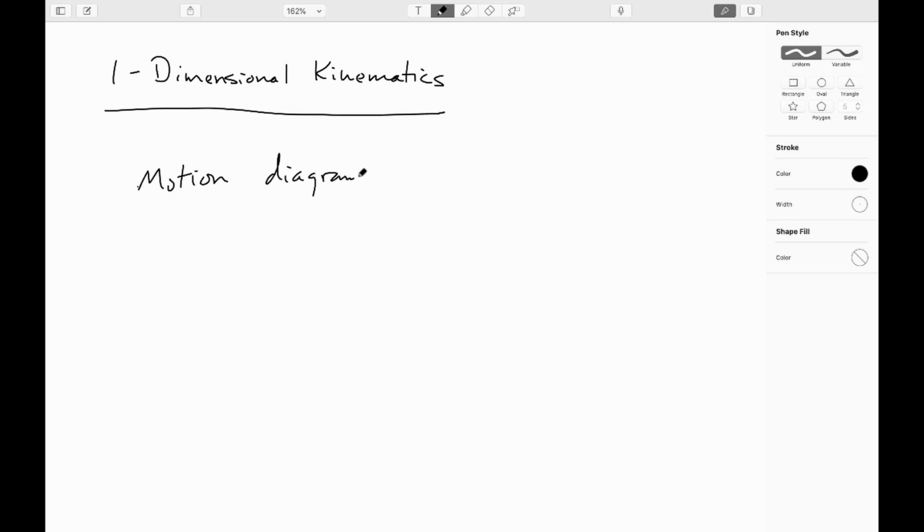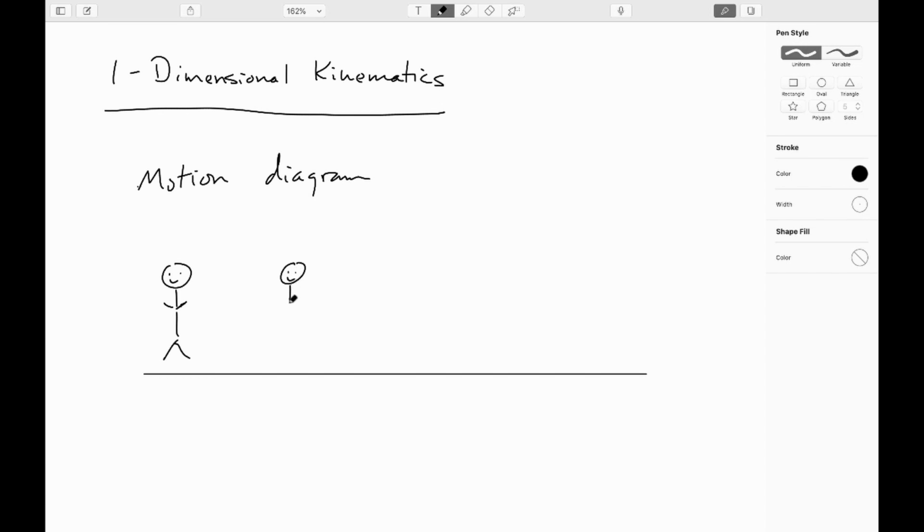So I'd like to introduce the idea of a motion diagram and maybe what sort of information we could get from that. So let's think, for instance, that you're walking down the street at a nice steady speed. Today we're just going to be concerning ourselves with steady speeds. So here you are starting to walk down the street. And what we can imagine is that every second a camera is taking a picture of the street.